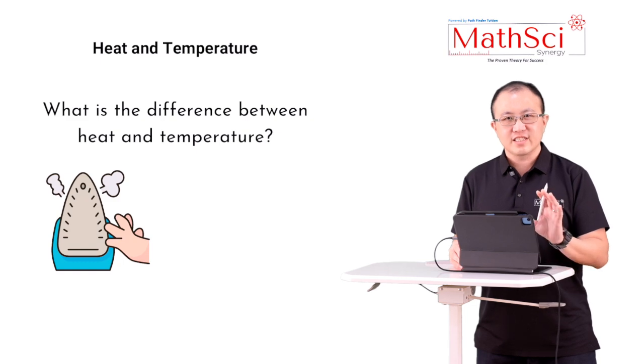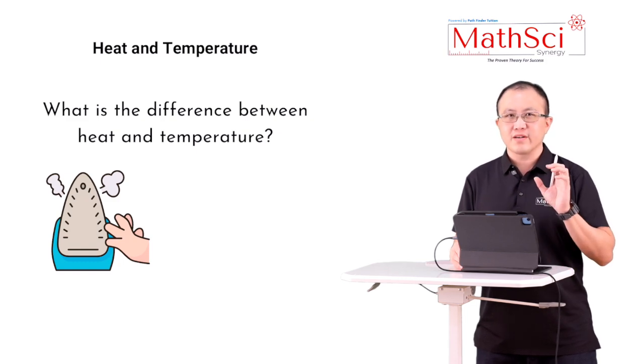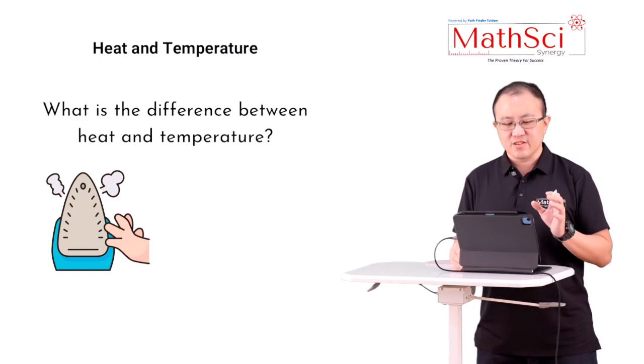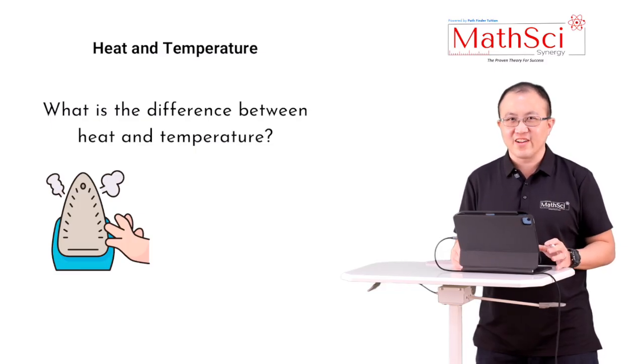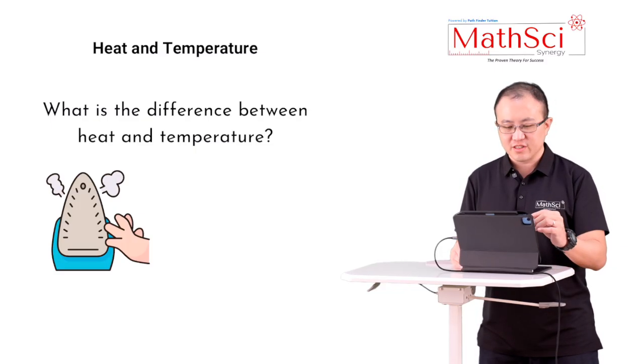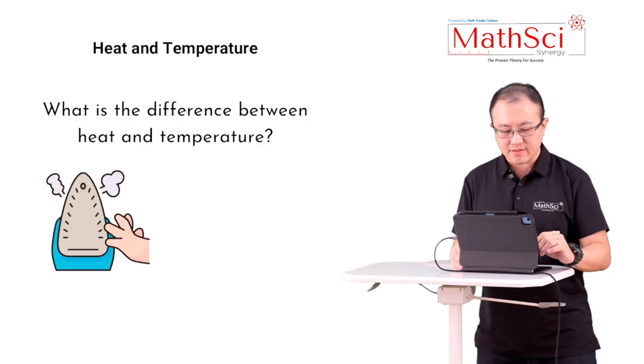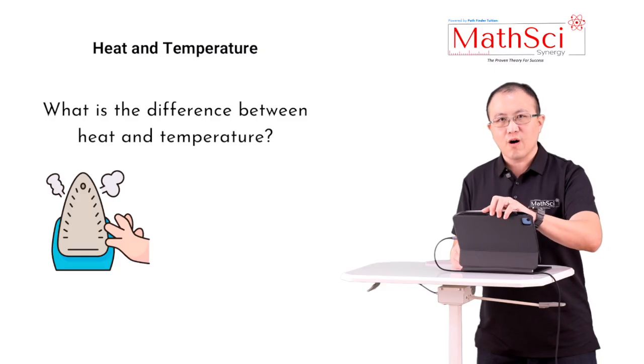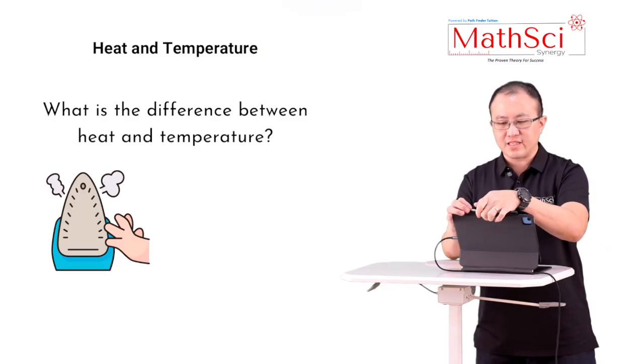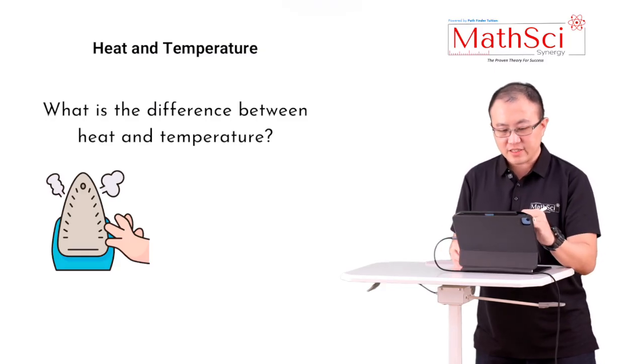But this is something that comes to my mind when we talk about heat. Why is that so? Because this iron is really very hot. So that's the word that you use. So often in real life we talk about this thing as being hot. So hot, it means to say that it is something of, I would say, high temperature.